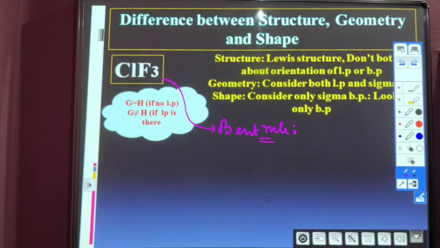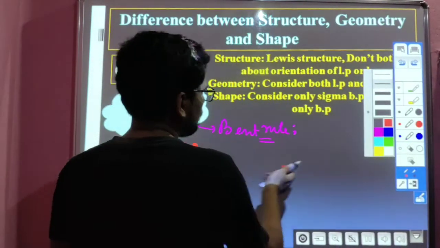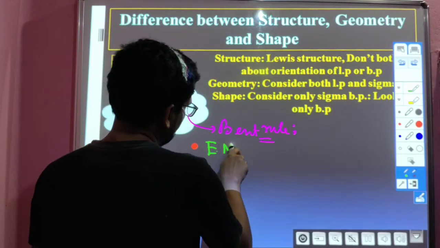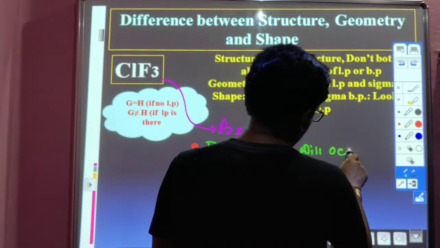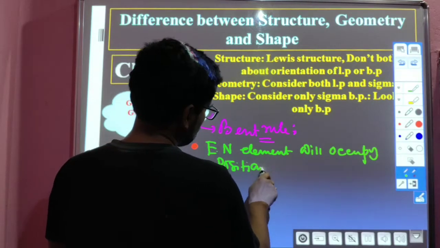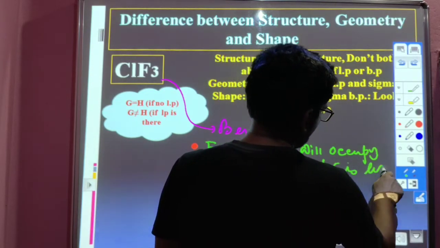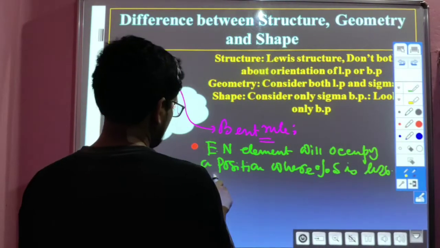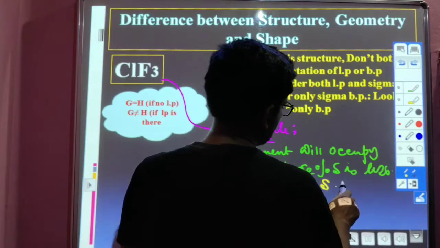Bent rule says that the electronegative element will occupy a position where the percentage of its s character is less, and the lone pair will occupy positions where the percentage of s character is high.